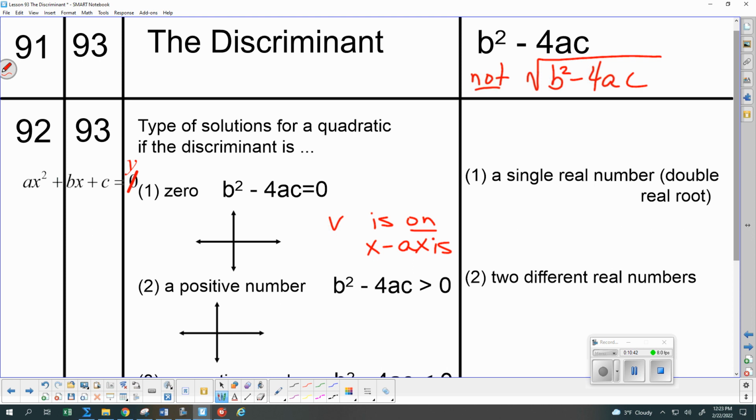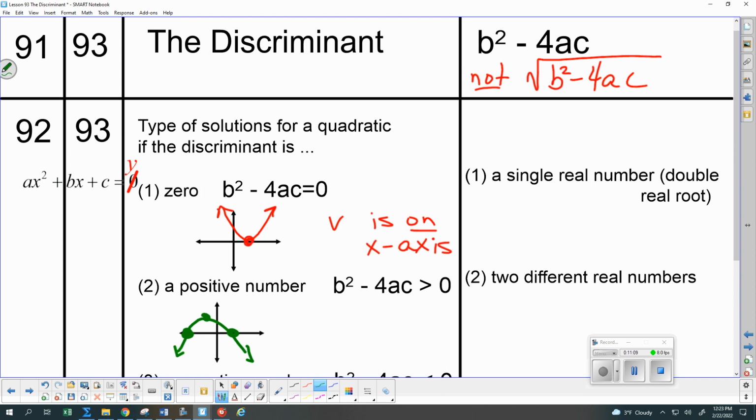Any of these parabolas may open either up or down. So that one might have looked something like this. If just that inside part is a positive number, we're going to get something that crosses the x-axis twice. So that we've got these two x-intercepts in there.